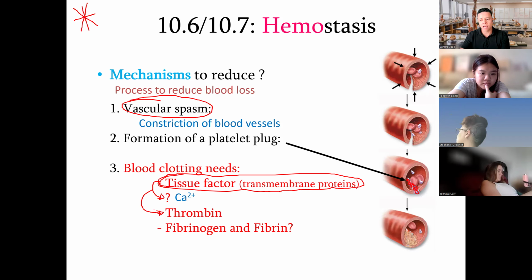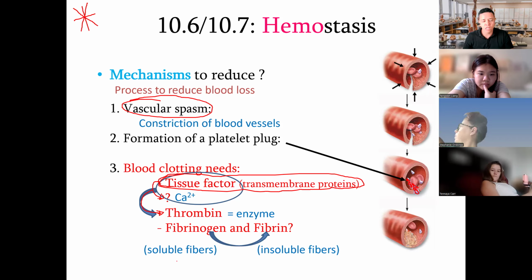Again, tissue factor is going to combine with calcium, and that is going to lead to the activation of an enzyme called thrombin. What is thrombin going to do? Thrombin is going to take fibrinogen and transform it into fibrin. Fibrinogen is a soluble fiber. Fibrin is an insoluble fiber, creating this mesh that we're going to look at right here.